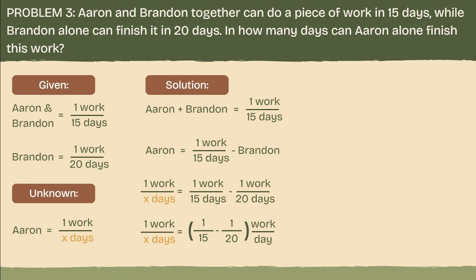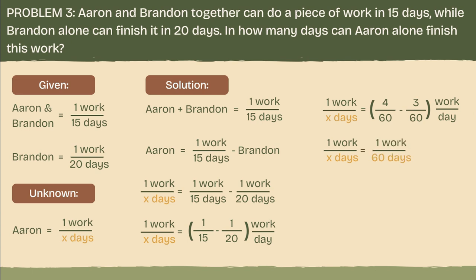To subtract these fractions, we use a common denominator of 60. 1 over 15 becomes 4 over 60 and 1 over 20 becomes 3 over 60. Subtracting gives us 1 over 60 or 1 work per 60 days. Now, just by looking at the answer, we don't need to take the reciprocal because we can already see that 1 work can be done in 60 days for Aaron.